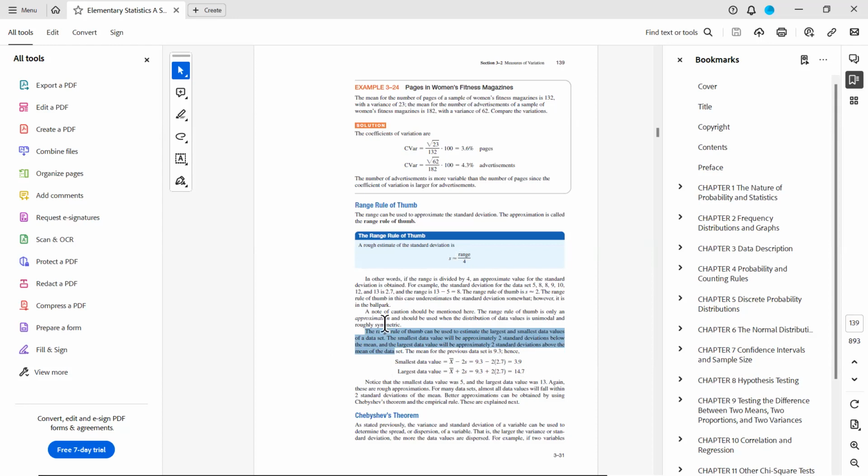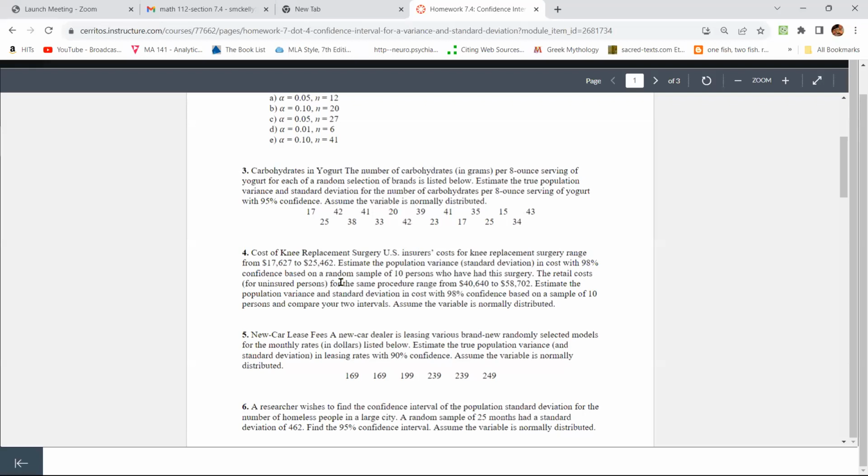So what you want to do with this problem, that is page 139 in your textbook, by the way, about the knee replacements, is take 25,462 and subtract 17,627. Divide the difference by 4 and use that as s for this first piece of the confidence intervals.